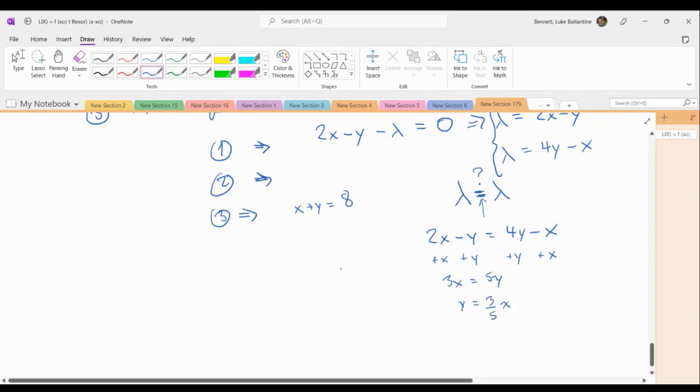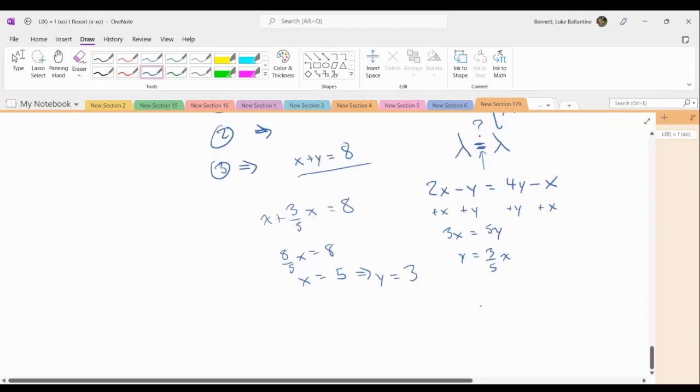Then we can plug this into equation 3. We have x plus 3 over 5 x equals 8. 5 over 5, 8 over 5 x equals 8. x equals 8 times 5 over 8, which is just 5. And so this means y is equal to 3.